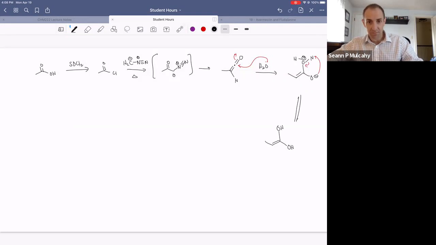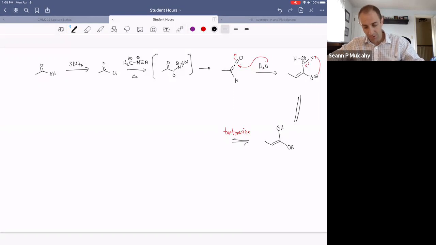This intermediate then tautomerizes. And remember, for a tautomerization, you get an exchange of a carbon-carbon double bond for a carbon-oxygen double bond, which is much stronger. And then instead of an oxygen-hydrogen bond, you get a carbon-hydrogen bond, which is much stronger.